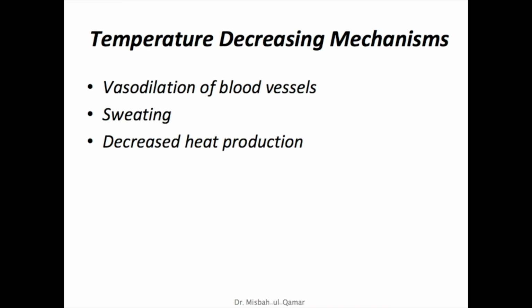Now, the heat production is decreased because there is no shivering, and also because there is a decreased chemical thermogenesis. And it has also been observed that a slight increase in the respiratory rate also acts as a temperature decreasing mechanism.